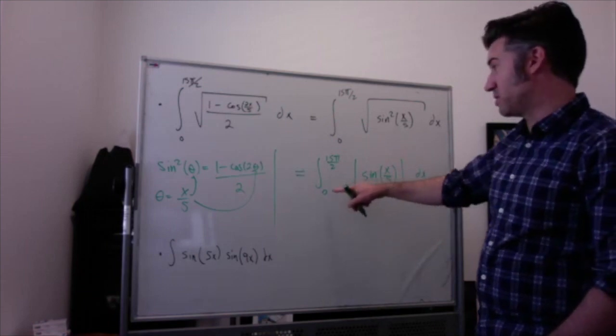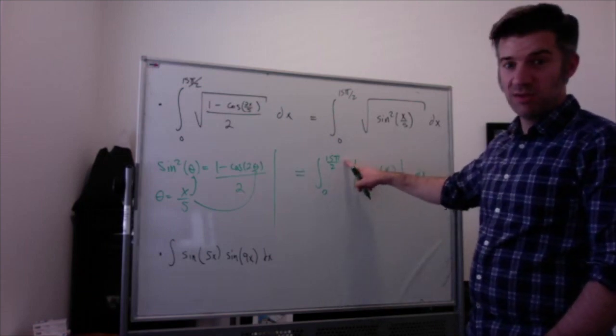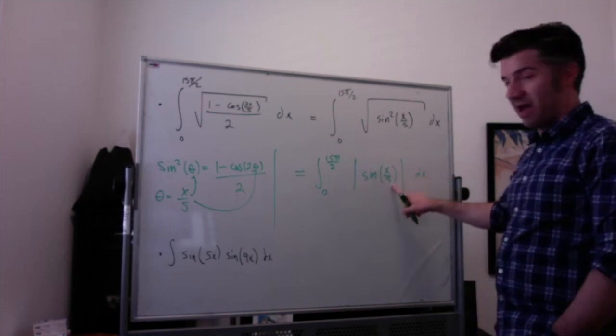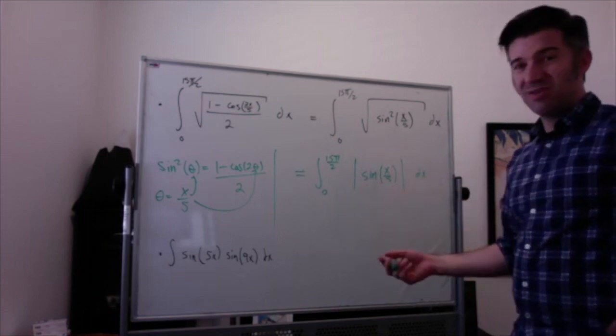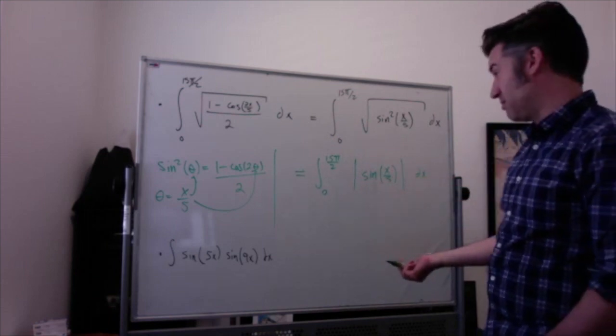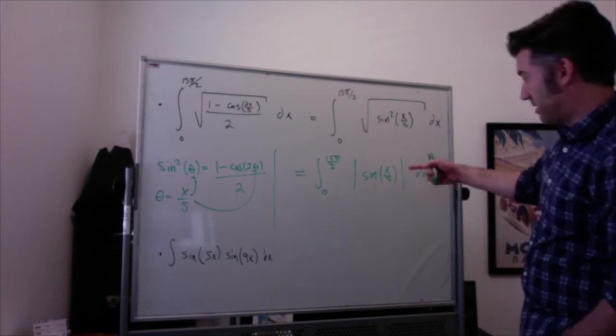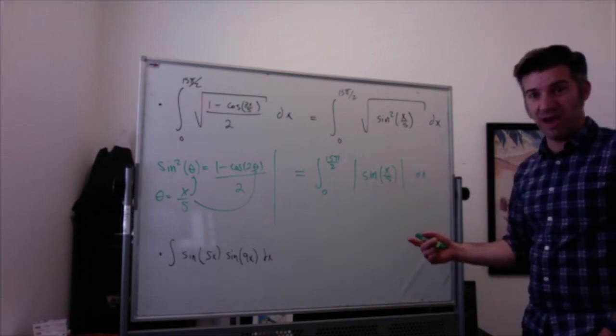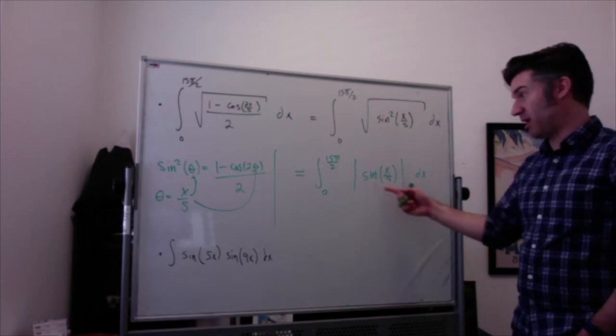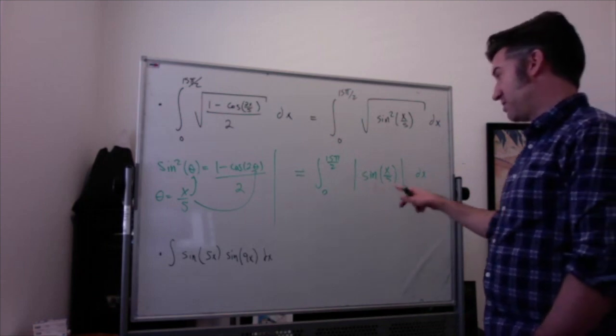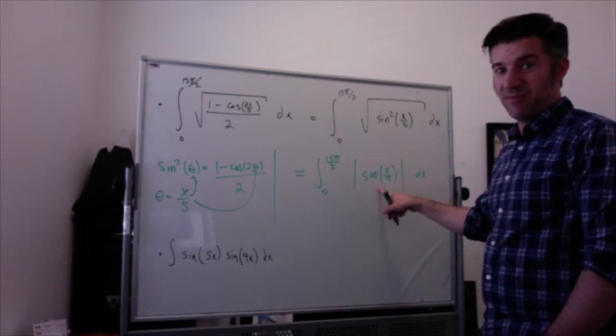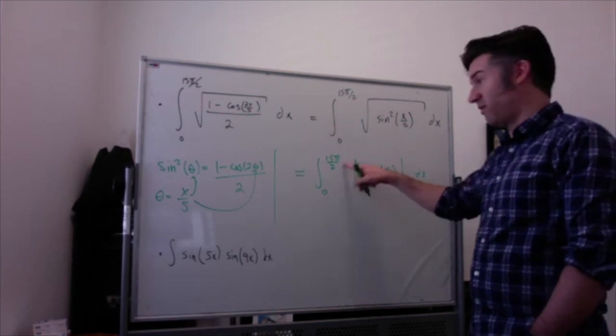If you're going from 0 to 15 pi over 2, x over 5 goes from 0 to 5 pi, which is 10 pi over 2, that's going to take x over 5 from 0 to pi. That's where this thing is positive. And then the inside is negative from 5 pi, which is 10 pi over 2, to 15 pi over 2.